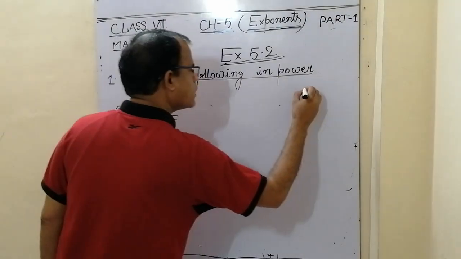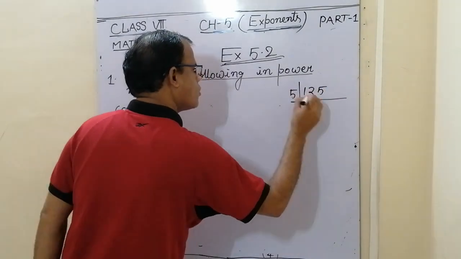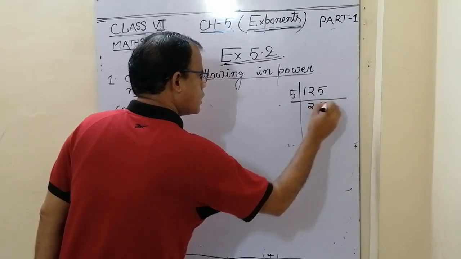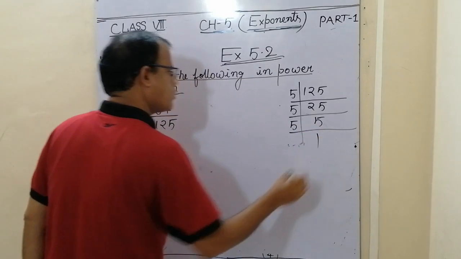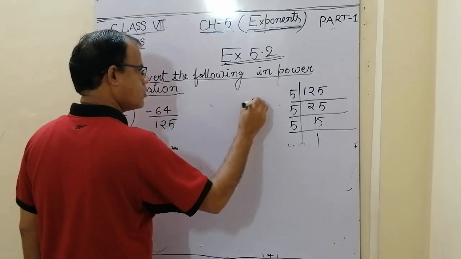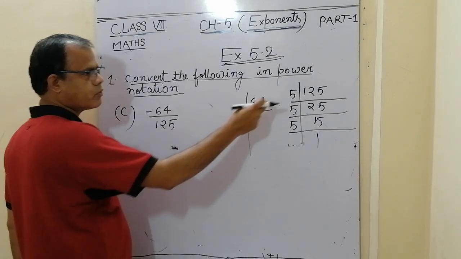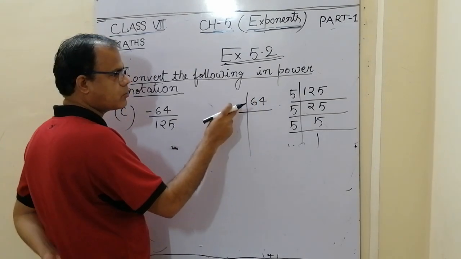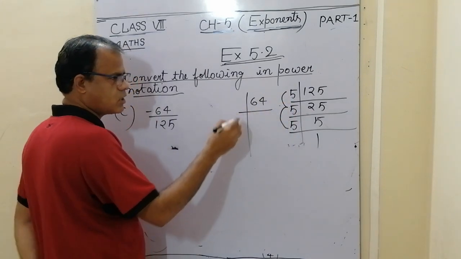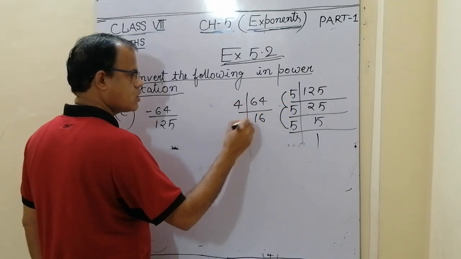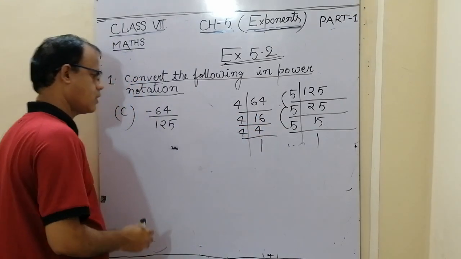First we take the prime factorization of 125: 5 twos are 10, 5 fives are 25, 5 fives are 25, 5 ones are 5, and 64 also. So we have to take here 4, three times this power. So here also 3 times.